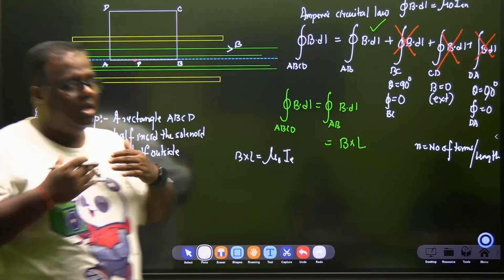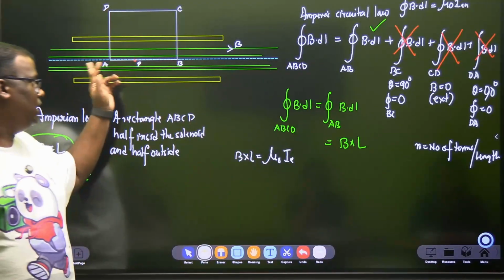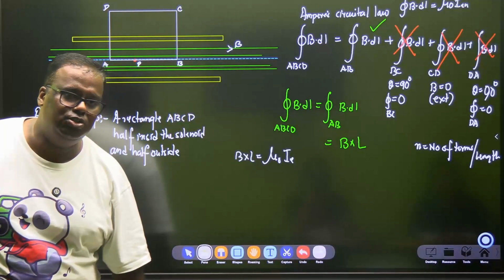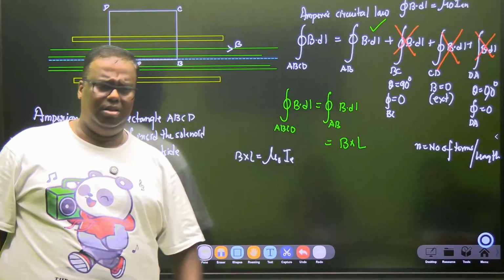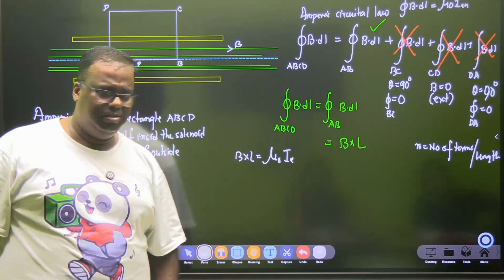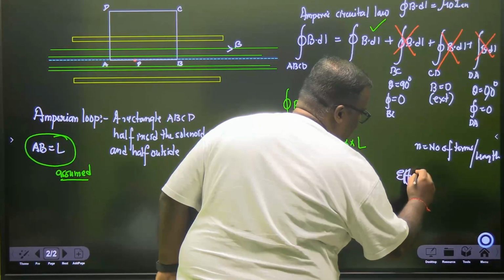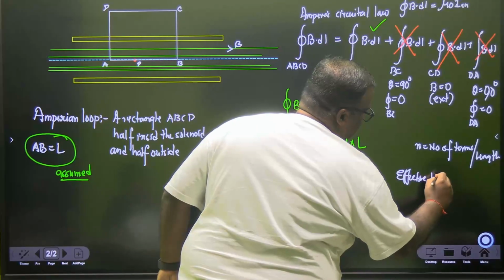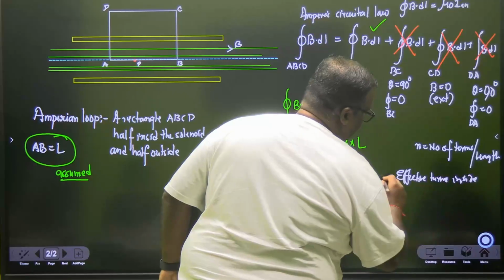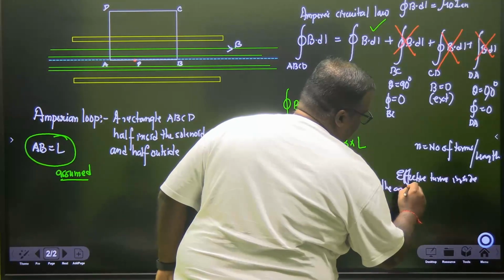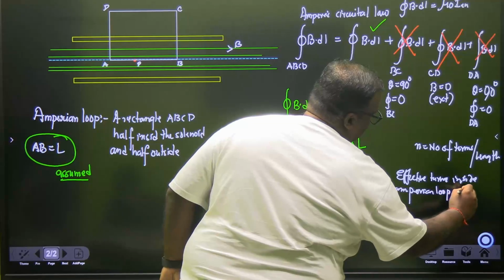In the previous example, this L meant the total length. So n turns per unit length. How much length does the Amperian loop consume? L. So how many turns are inside it? nL. So the effective turns inside the Amperian loop should be equal to nL.